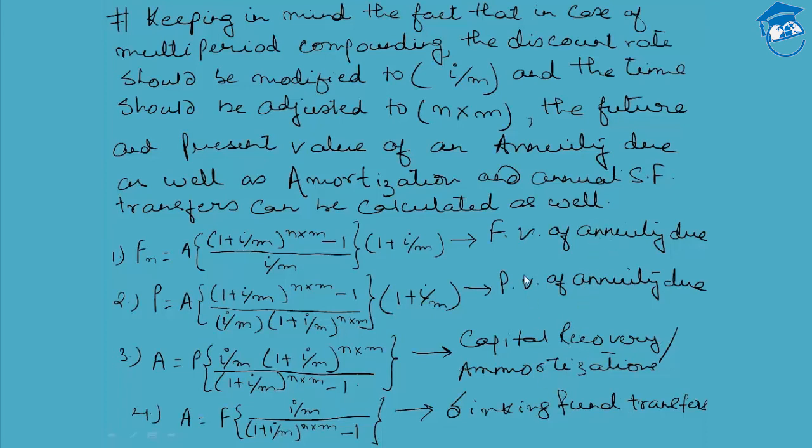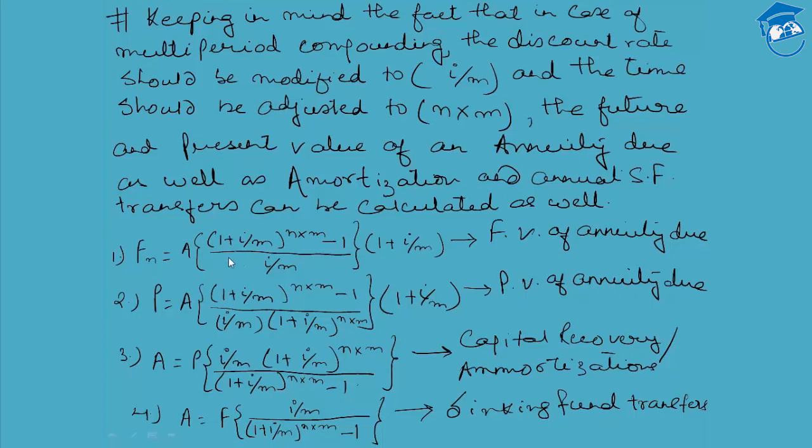We have tried to understand their mathematical derivation, and we have tried to bolster our understanding with the help of numericals. All the typical cash flow patterns which we might encounter in our day-to-day lives have been taken care of and discussed fully.